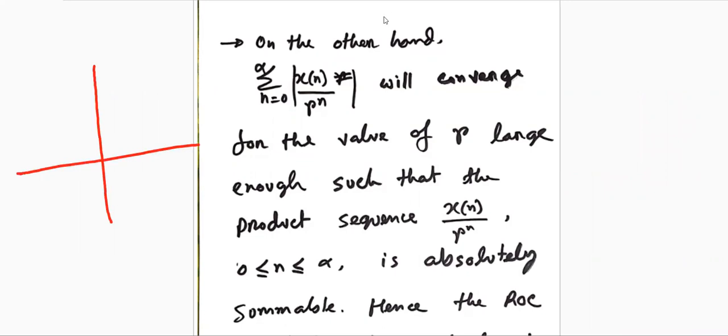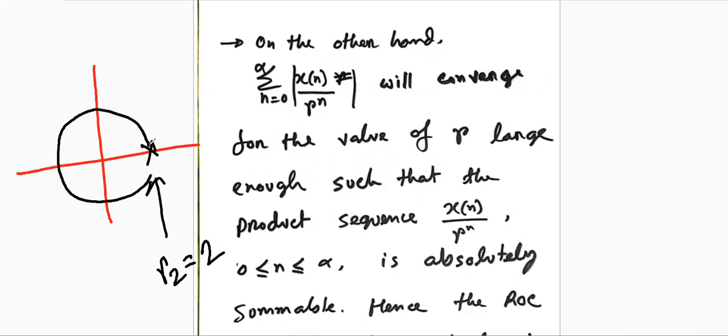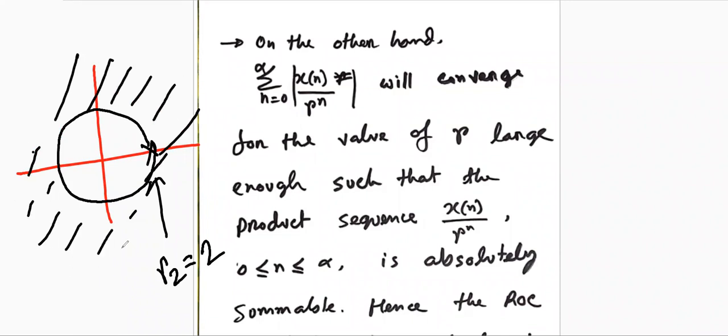In case of a right-sided sequence, if we have the pole at R2 equal to 2, we need to put a circle, and the exterior of that is the ROC, because all the values more than 2 will be the solution. This is for the right-sided sequence. Of course, both of the cases are for infinite sequences.